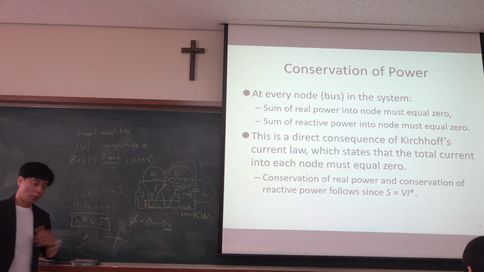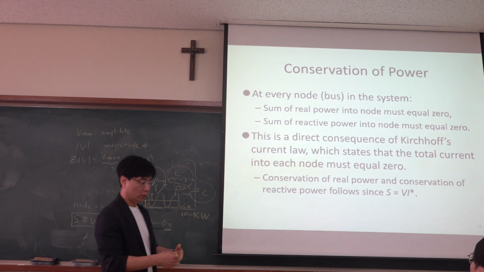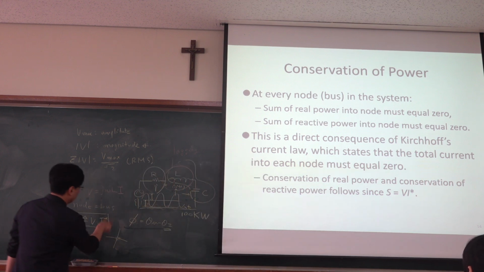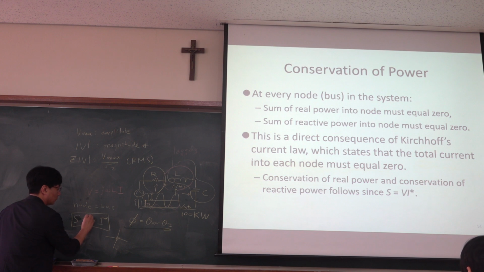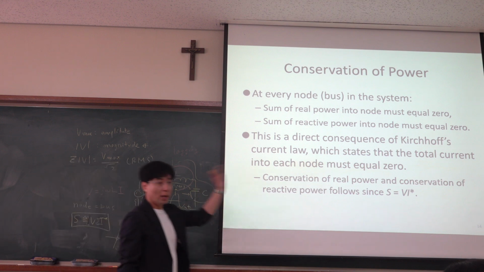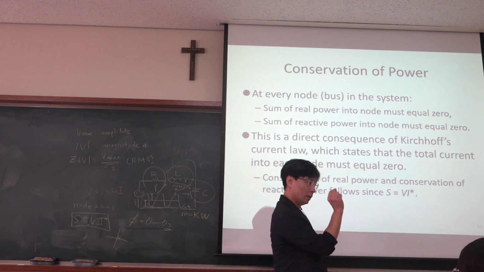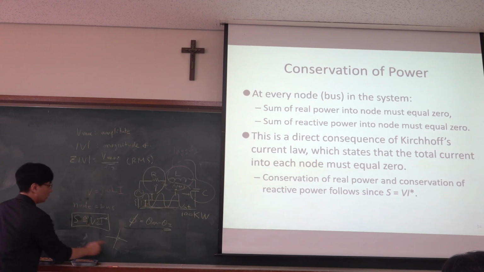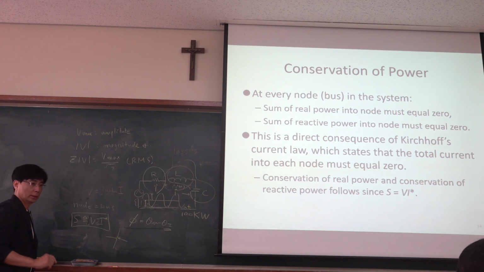Or the sum of incoming current is equal to the sum of outgoing current. So the sum of that is 0. When you put the summation here, the summation can go there. So anyway, it becomes 0. So the sum of real power and the sum of reactive power at a node becomes 0. They all share the same voltage, right?